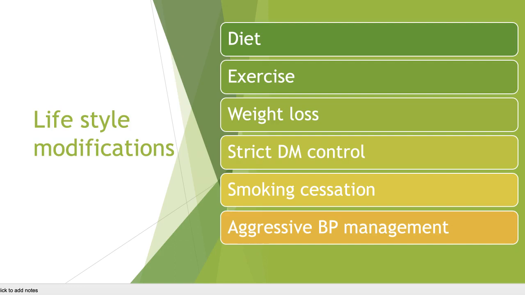I teach patients that it's better to eat the white meats, chicken, pork, make sure that it's baked, increasing fish intake, exercise, very important, weight loss, strict diabetic control, smoking cessation, and again, we need to aggressively treat their blood pressures.